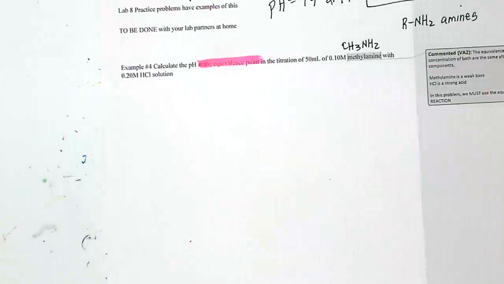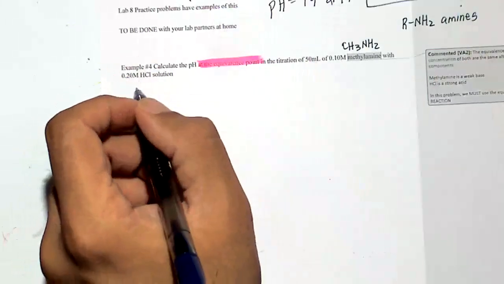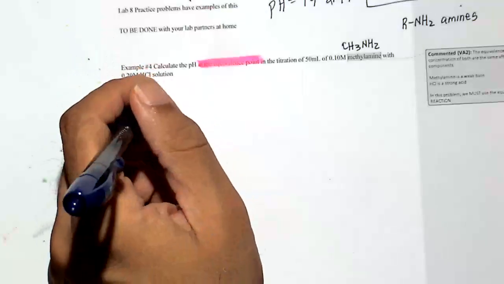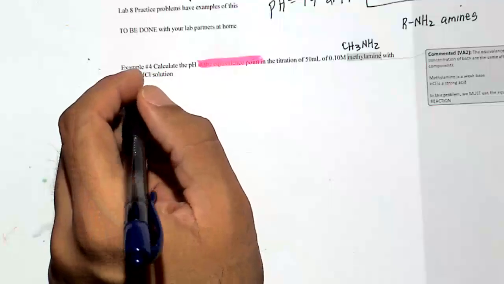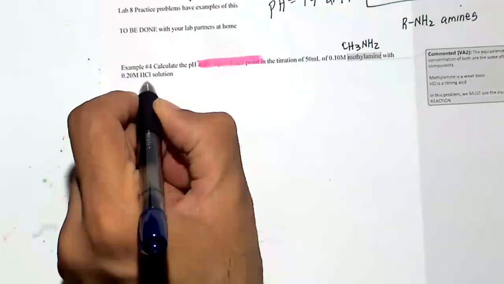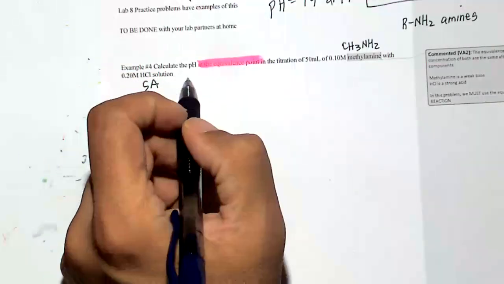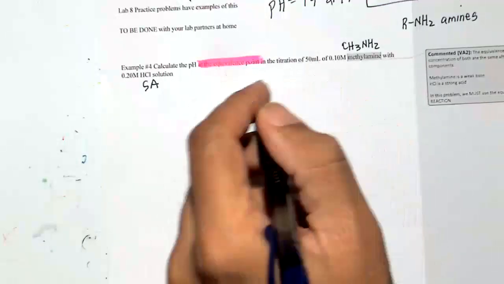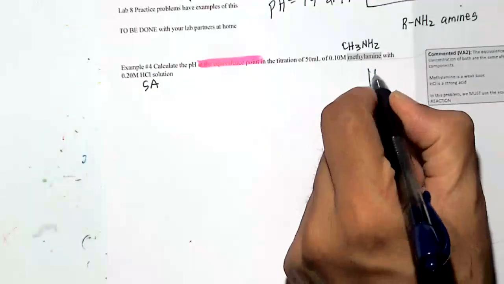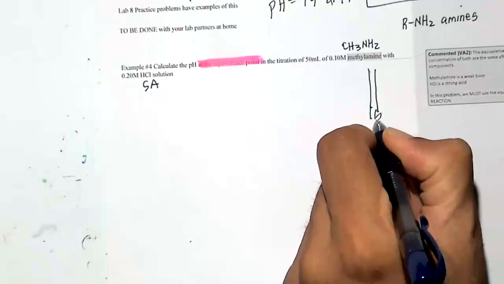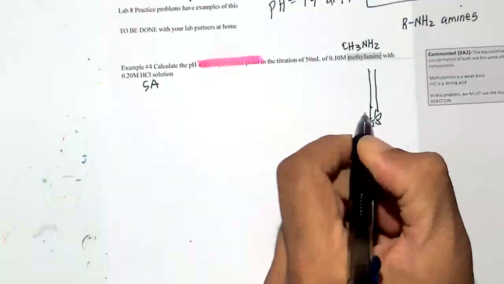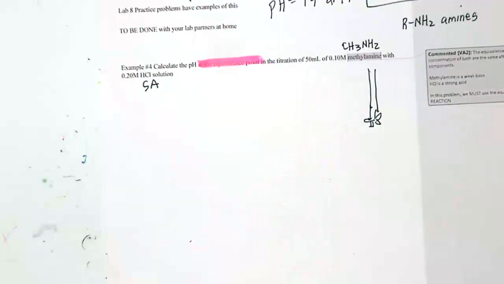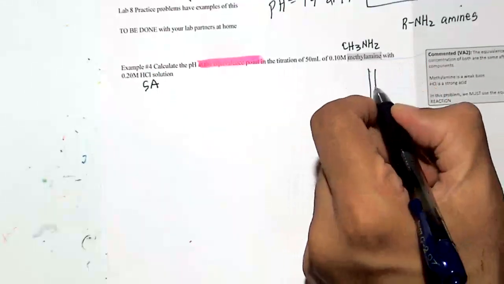All right, so I'll give you the formula for methylamine with 0.2 molar HCl solution. So what type of acid is HCl? It's a strong acid, and they want to do it at the equivalence point. In this specific case, here's our burette, that long glass tube.